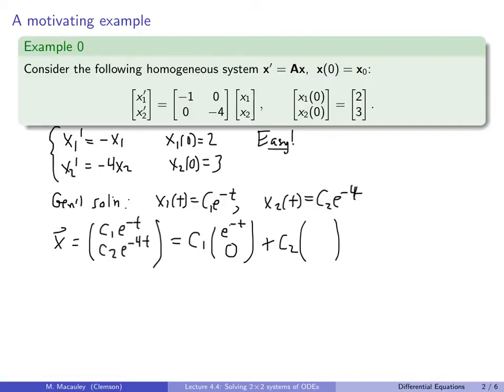I can actually write this as c1 e to the negative t times (1, 0) plus c2 e to the negative 4t times (0, 1).